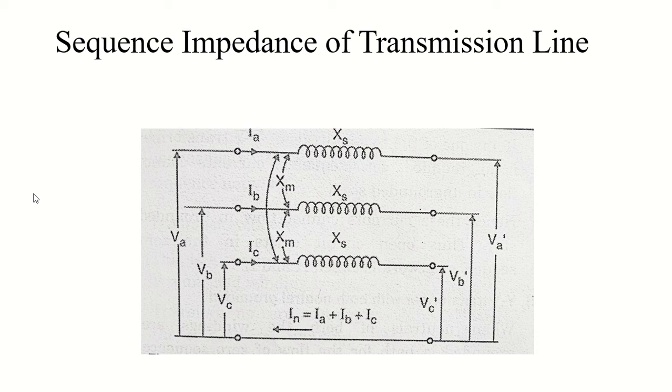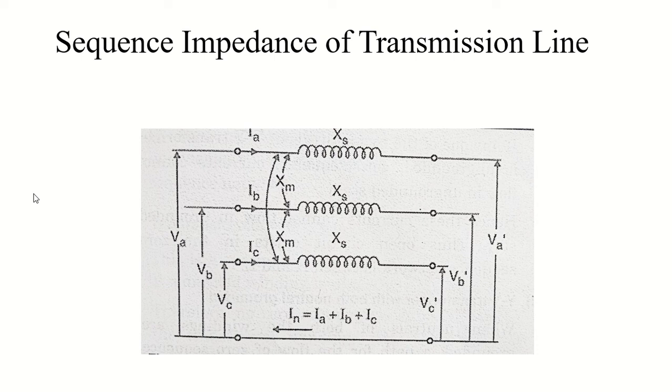The flow of zero sequence current through the transmission line, the ground wire and the whole conductor will create a magnetic field pattern.